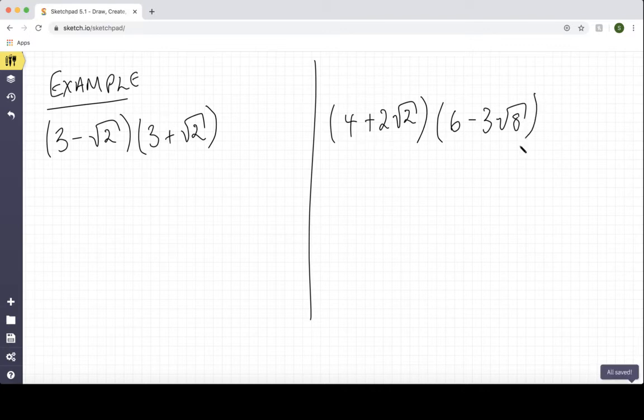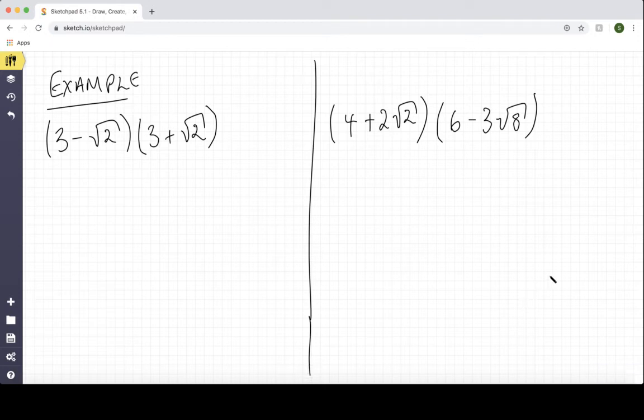Okay, so have a go at these ones. The reason we're doing so many of these is because they'll become important for when we do rationalising the denominator in a bit. So give the video a pause and have a go at these ones now.